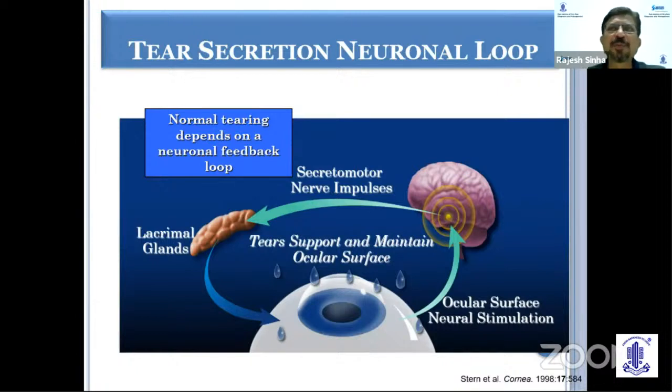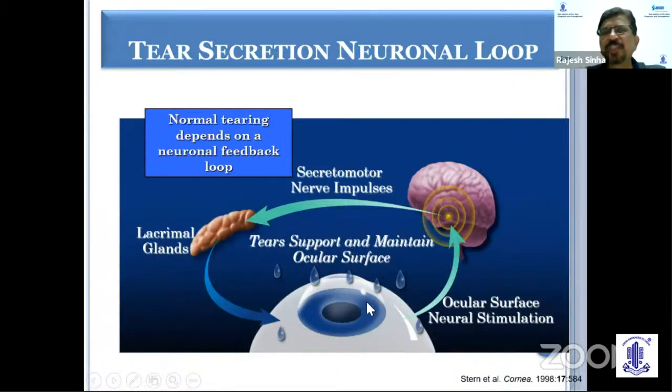Now, before going into the causes of dry eye in corneal refractive procedures, I'd just like to highlight the tear secretion neuronal loop. The cornea is supplied by the ophthalmic division of the trigeminal nerve, and the stimulus goes to the brain if there is some element of dryness. The brain sends impulses to the lacrimal gland, and the gland secretes tears, and this is how it is maintained.